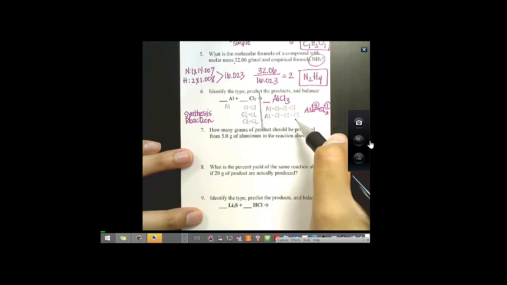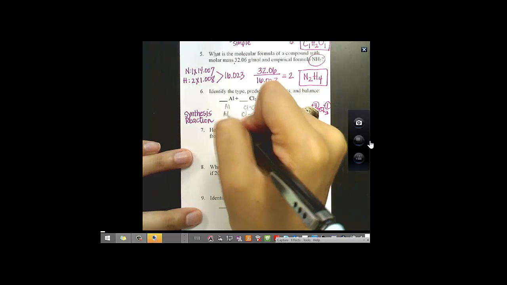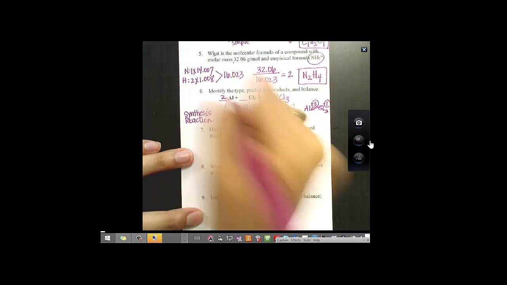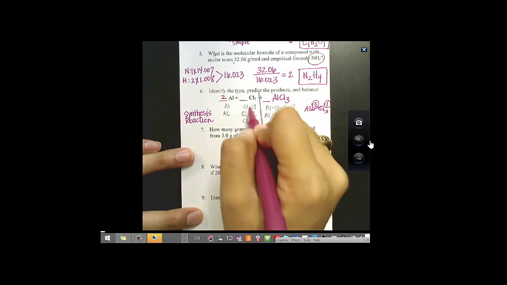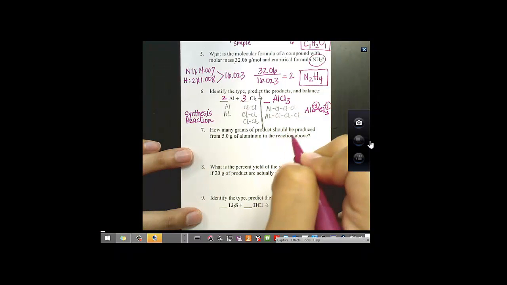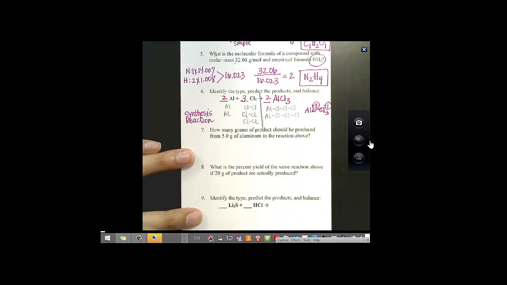They're balanced. But I added another aluminum while I was balancing the chlorines, so I'll need to add another aluminum to the left side. 2 means that I'm going to have a 2 as my coefficient for aluminum. 3 pairs of chlorine means I'll have a 3 for my coefficient of chlorine. And 2 aluminum chlorides means I'll have a coefficient of 2. That's my balanced reaction.